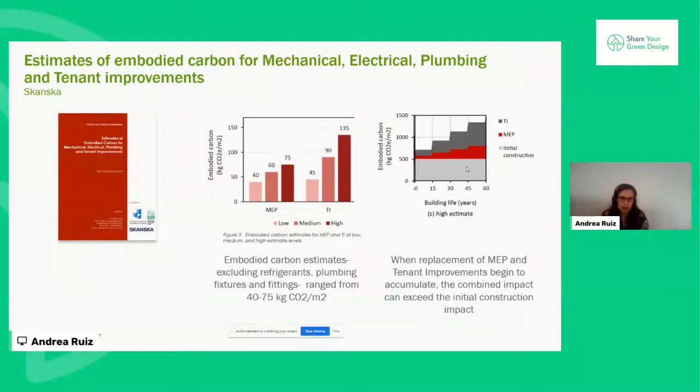I have limited it to the high estimate, but let's say, for example, that every 15 years you will have to replace some or all of the materials that you have in your building in relation to the equipment or distribution. Then if we do that for an example of a 60-year building lifespan, we can see how the MEP does have a bigger impact.